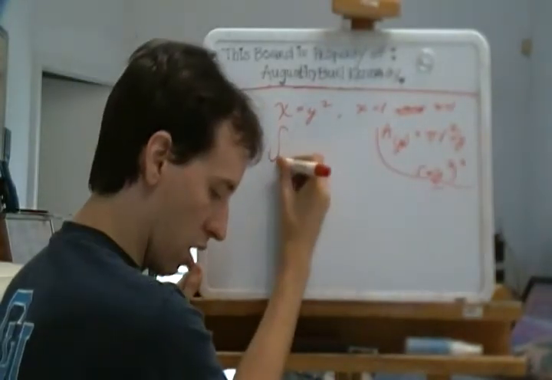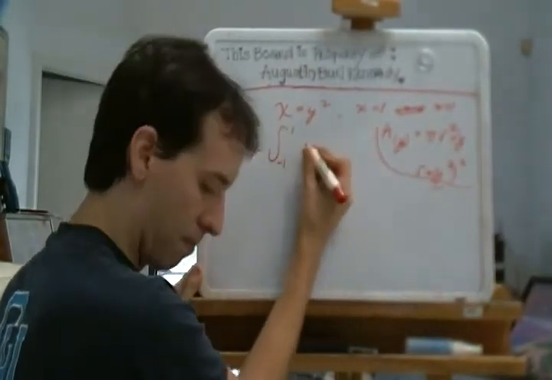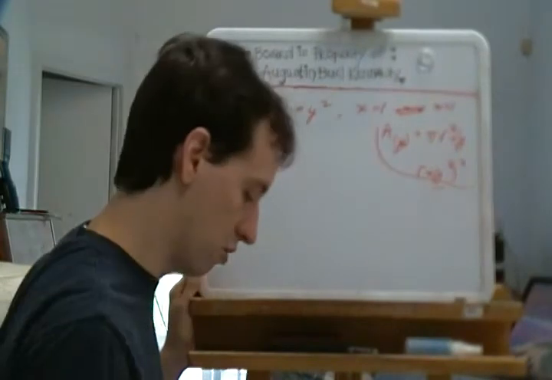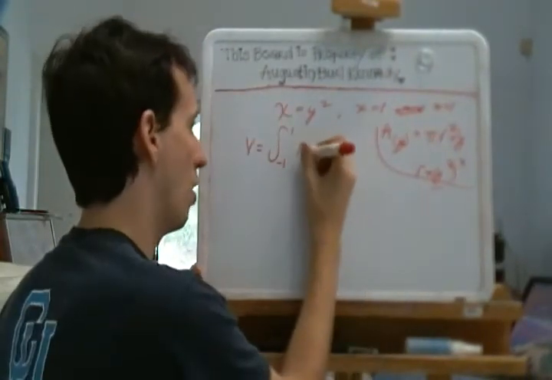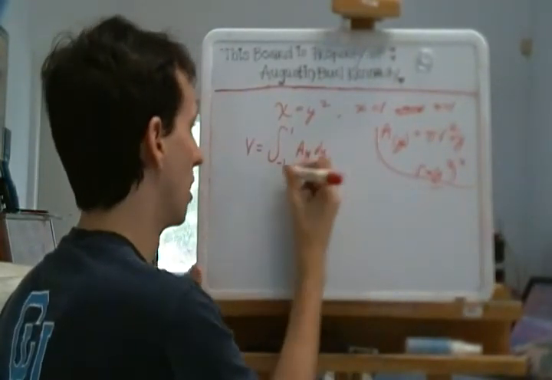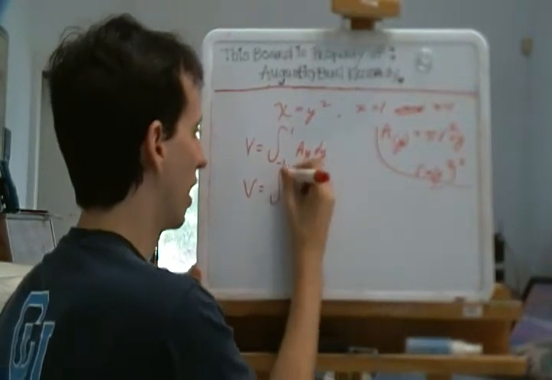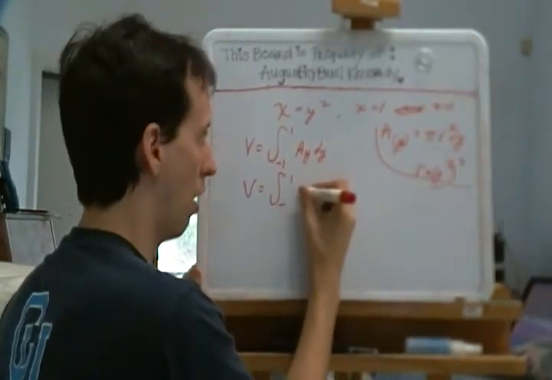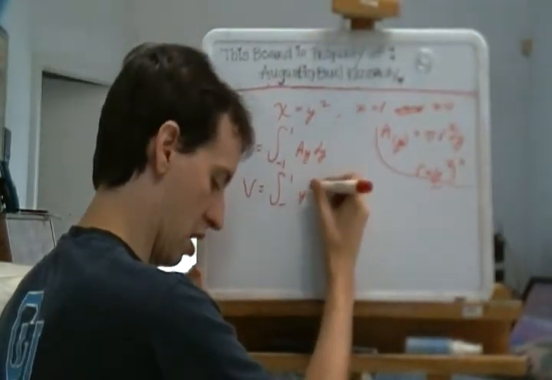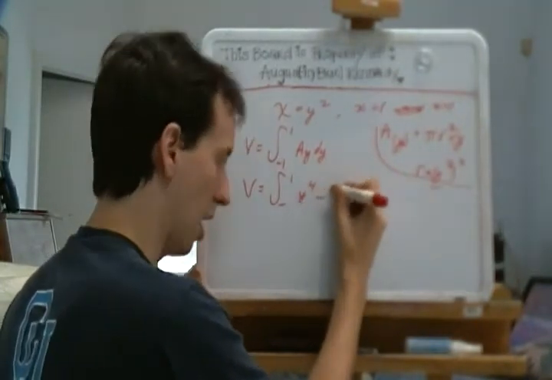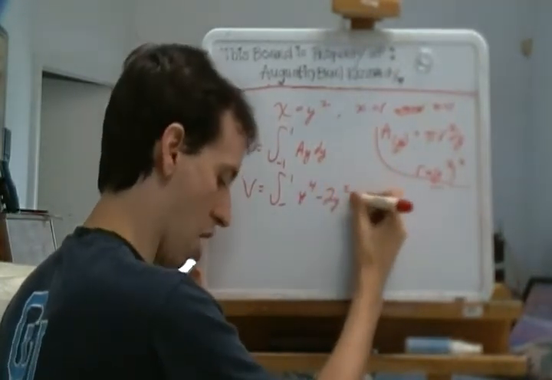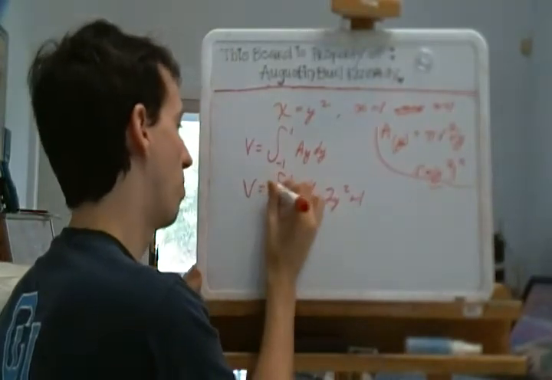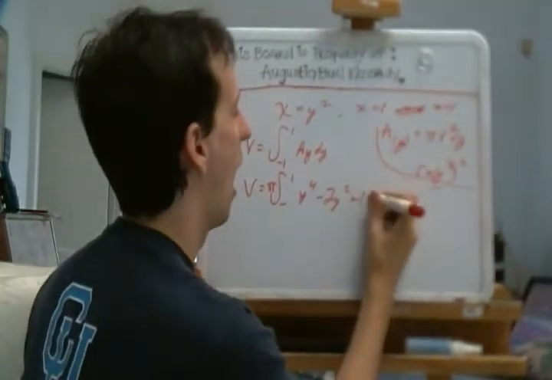And what that means is that via polynomial expansion here, we're going to get our volume between -1 and 1, because these are the y values. V equals the integral from -1 to 1 of pi times y to the 4th minus 2y squared plus 1, dy.